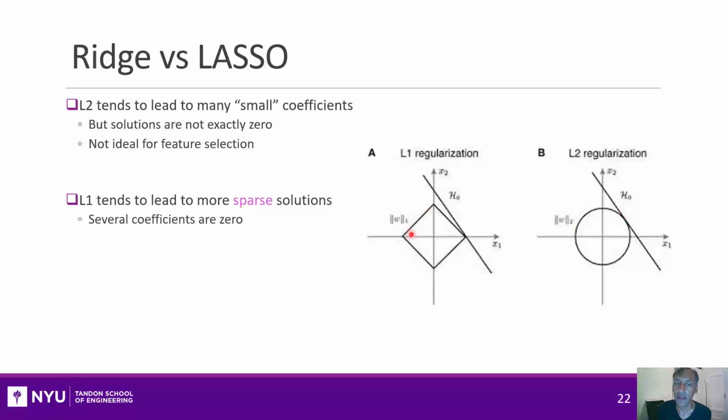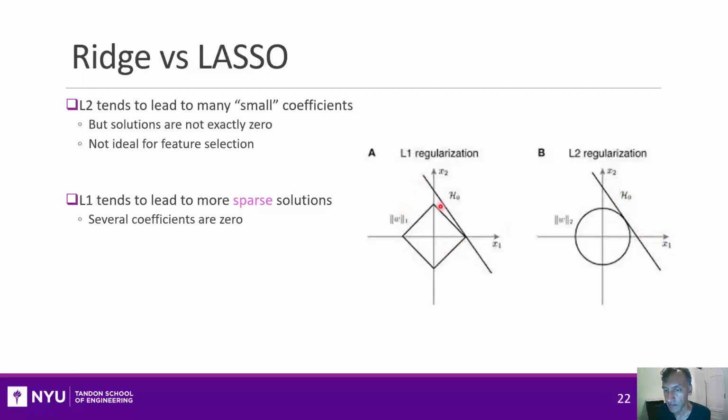On the other hand, the L1 norm is the sum of the absolute values. So its contours are actually diamonds like this. And in this case, you would want the smallest diamond that hits this line. Now, what you see is that in the L2 case, you end up hitting it here, where both coefficients are positive.